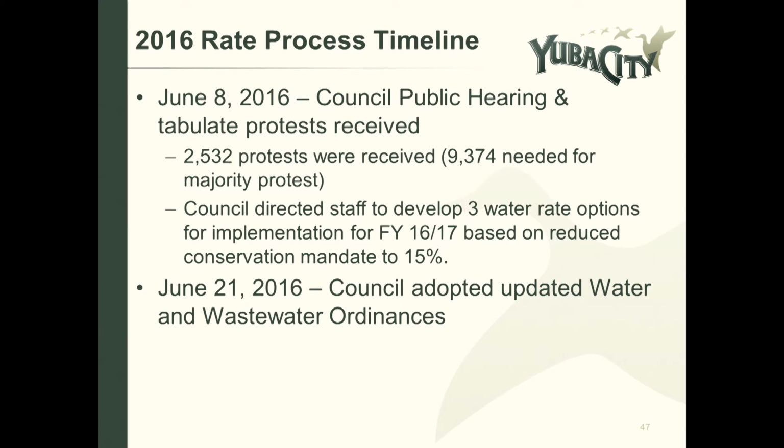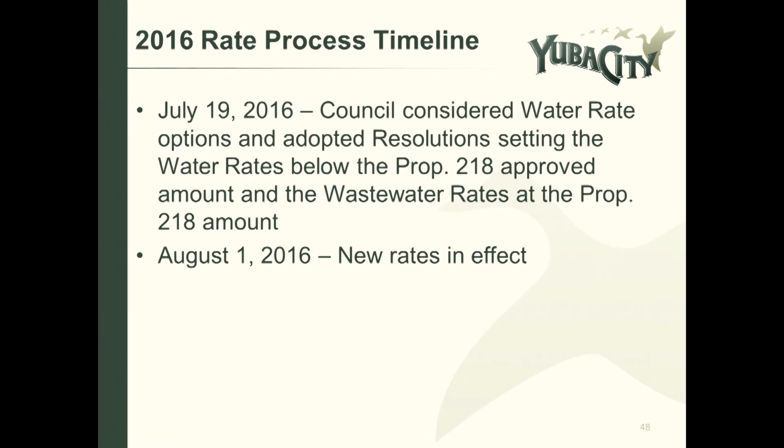At that meeting, there was a significant amount of input from our customers that they still wanted other options for the rates. They really wanted to keep the baseline allocation at that higher allocation as it was as part of the 2011 process, and they wanted Council to consider adopting rates below the 218 process. And then on June 21st, Council adopted updated water and wastewater ordinances.